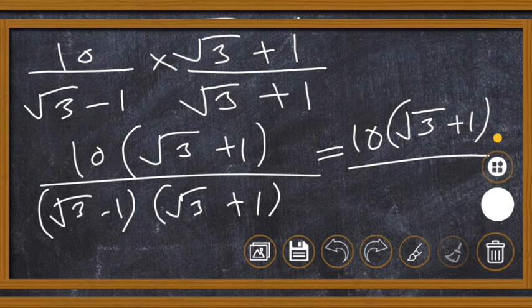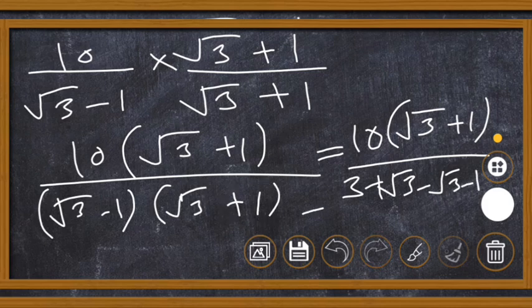So in this case, it's just simply 3. And then root of 3 multiplied by positive 1, we are going to have positive root of 3. And then negative 1 multiplied by root of 3, we are going to have negative root of 3. And then negative 1 multiplied by positive 1, we are going to have negative 1.